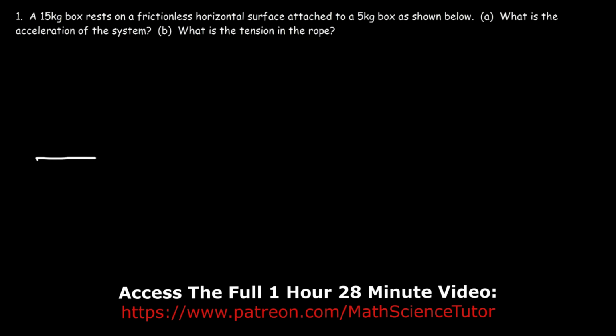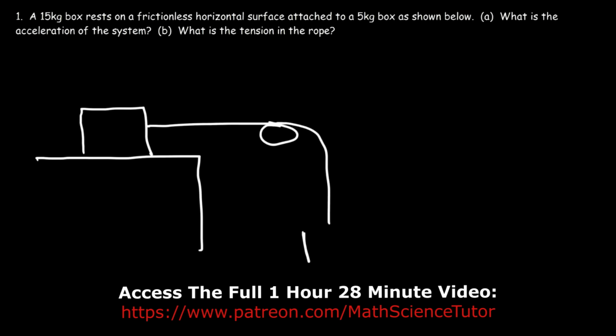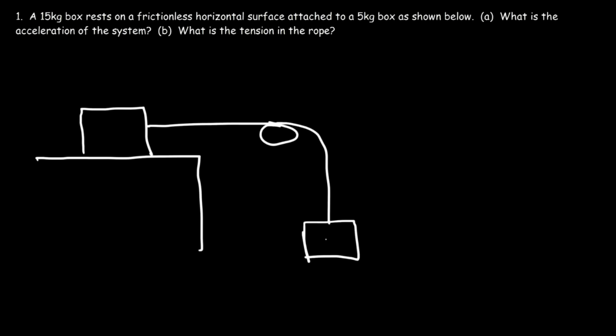Now let's make sense of this problem. The 5 kilogram mass has a downward weight force of 5 times 9.8, which is 49 newtons.